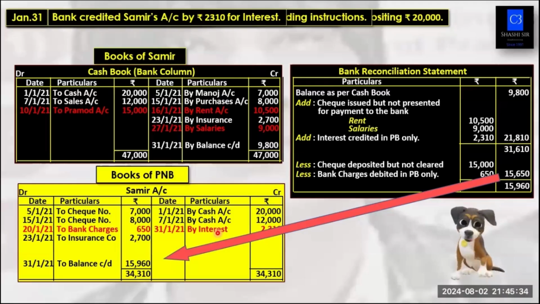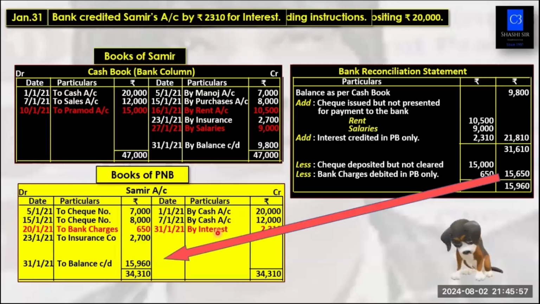When we were preparing the cash book and passbook, we saw that each and every transaction is getting recorded in both the books at two places. And the balance was the same.